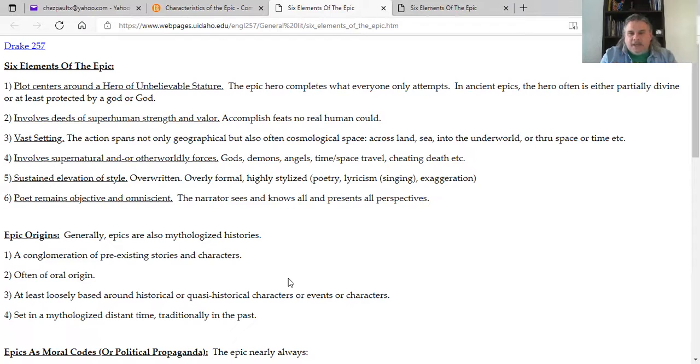So the point is, again, this is not a class in the epic, it's not a class in film studies, it's not a class in the Western, but the point I'm trying to get at is if you start to look at these conventions, whether it's the Western or the epic, you could easily come up with a statement: Unforgiven seems like a Western, but it also has a lot of the elements of the classic epic.